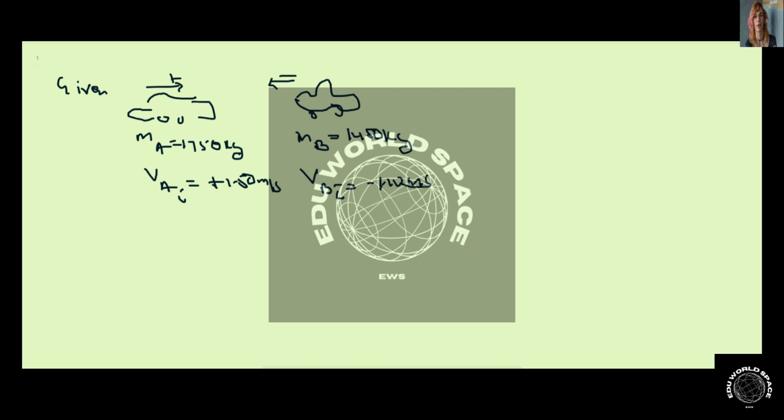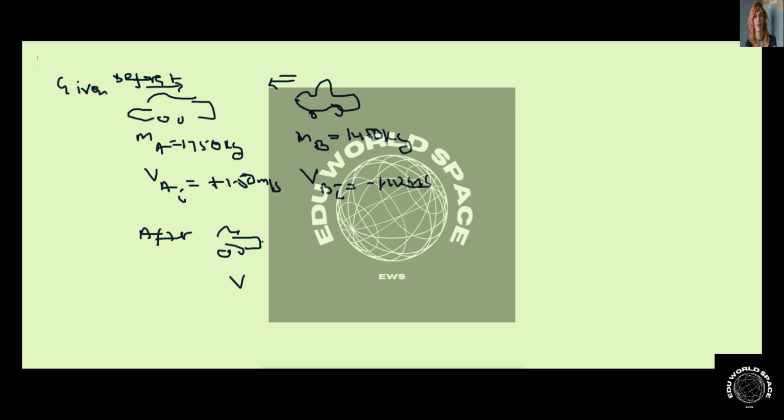The other thing that we're given is that these two cars are going to bump onto each other. So there's going to be some bumping going on. They'll collide. So this is kind of like the before and then after. Afterwards they collide. So this is the second car.